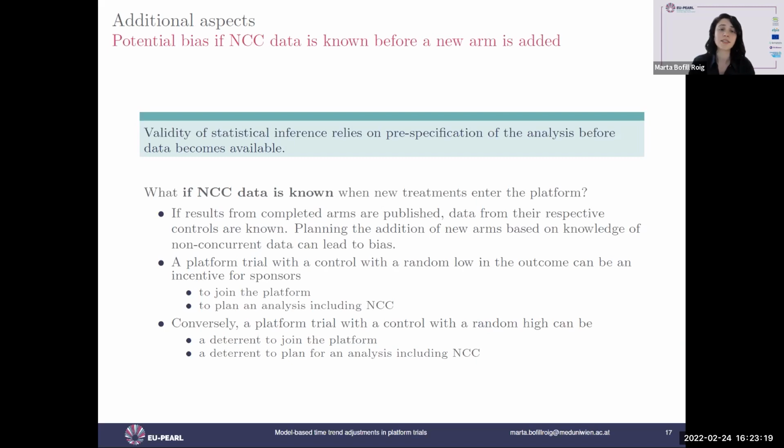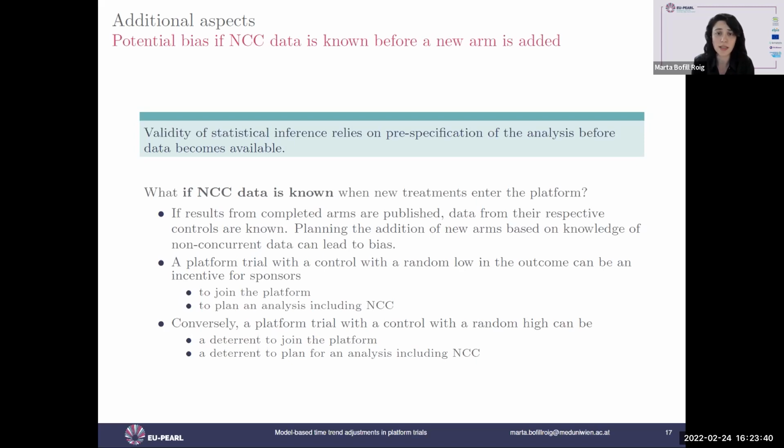So in this presentation, I focused on the bias triggered by time trends, but there might be other sources of bias when using non-concurrent controls. In particular, statistical inference relies on the specification of the analysis methods before the data becomes available.